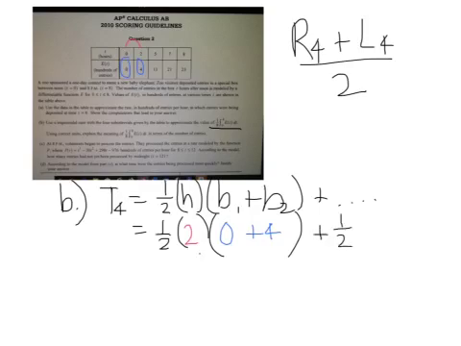The second trapezoid would have a width of 3, and my bases would be 4 and 13.